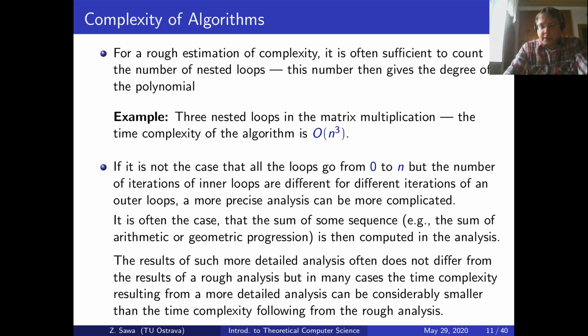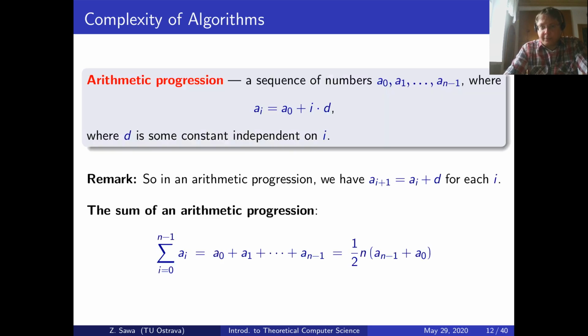So this often could lead to the computation of some sums of progressions, and the 2 most often occurring cases are arithmetic progression and geometric progression. I just recall that arithmetic progression is some sequence of numbers, let's name them a0, a1 and so on, where ai is computed as a0 plus i times d, where d is some constant.